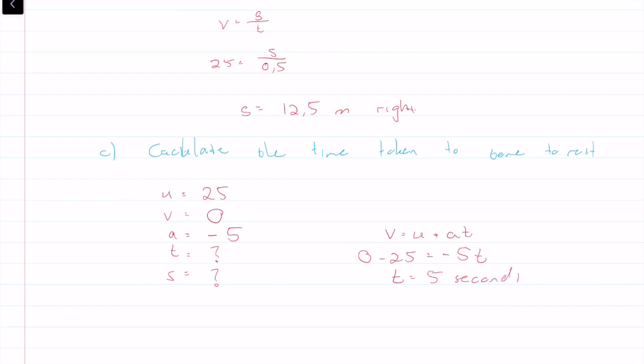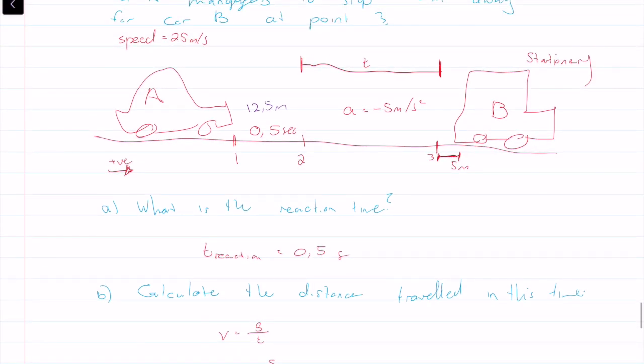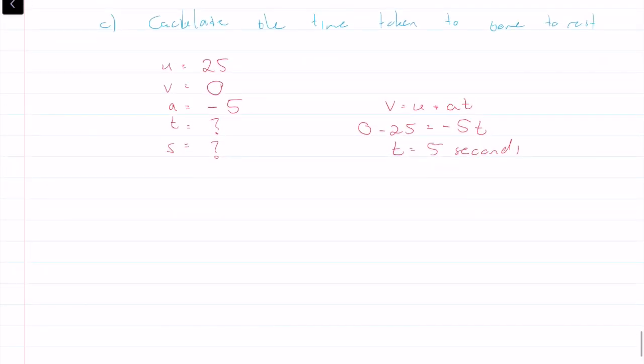Okay, so that's the time taken, that's this time right here. So let's say that's t1. So t reaction and t1. And I'm sure you guys have guessed it, but then we want to calculate the displacement.